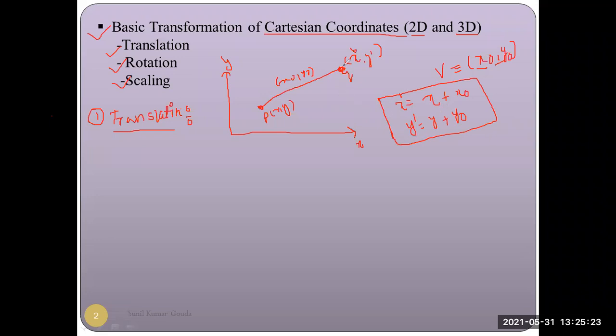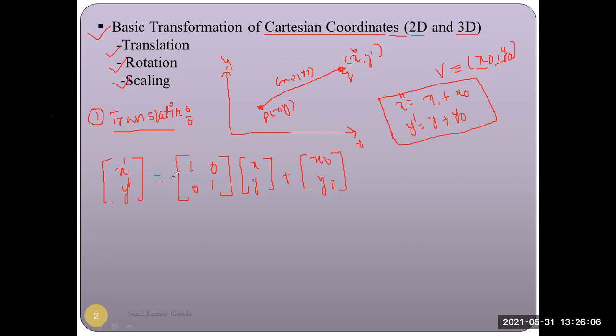Now suppose I want to represent these two new coordinates in matrix format. How can I represent this? This is my new point, so I will write x dash y dash is equal to, I will take an identity matrix, so this is 1 0 0 1, then your original coordinate x y, then the shifting vector, which is nothing but x0, y0.